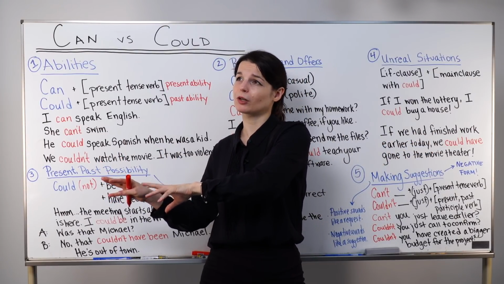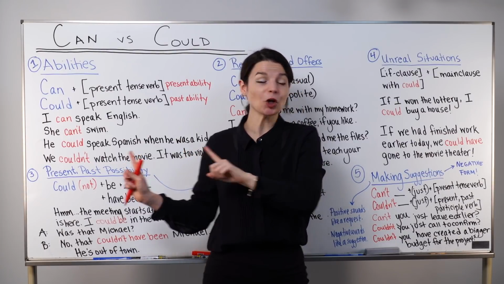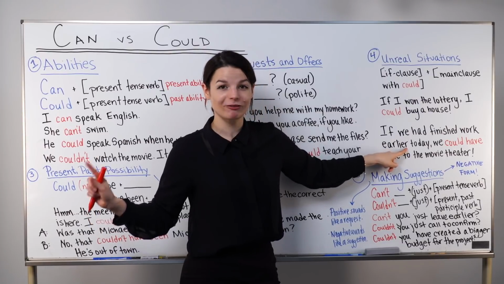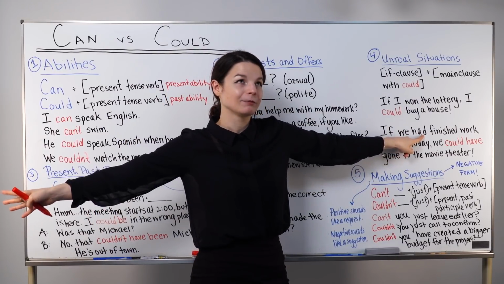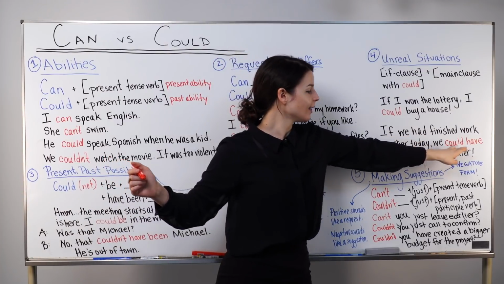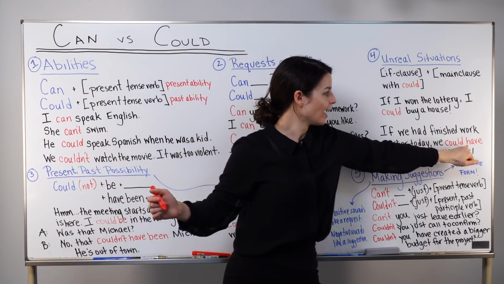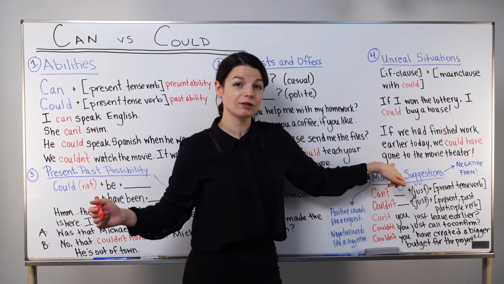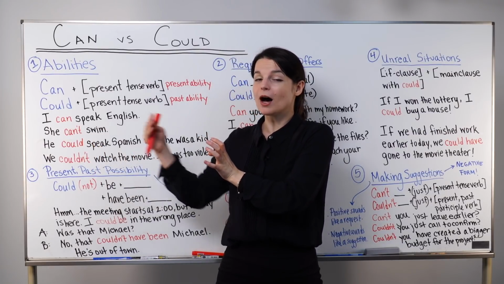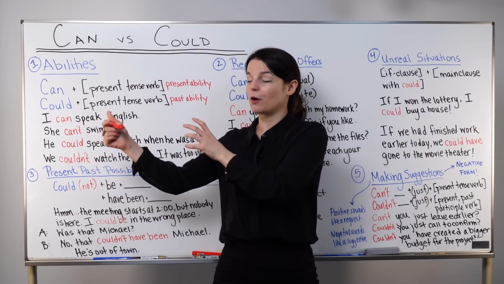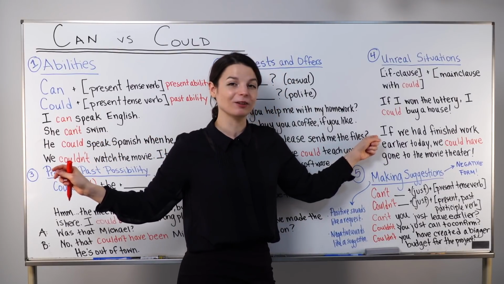If we had finished work at 5 p.m., for example, earlier than we actually finished at 8, we could have gone to the movie theater. So could have gone. This use of could refers to a possible past activity that would have been possible if this part were true.